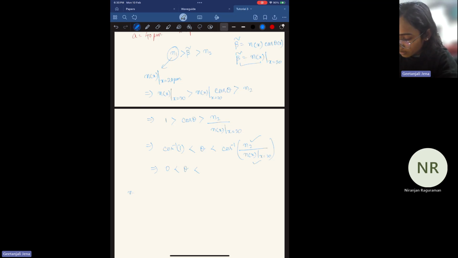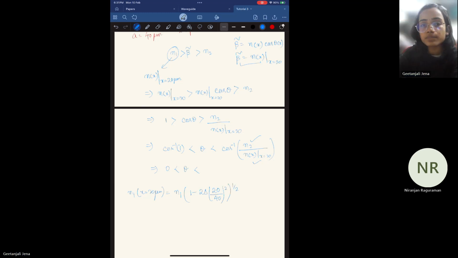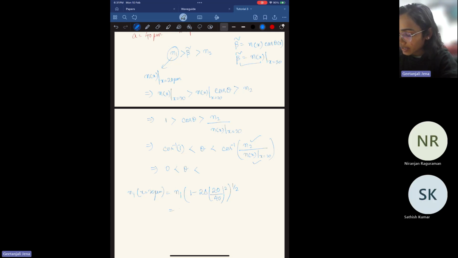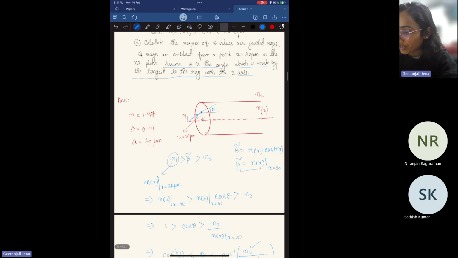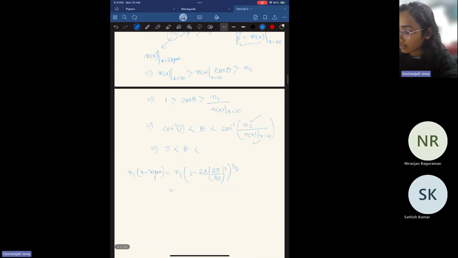So n at x equal to 20, you just need to put the formula. It is N1 times root of 1 minus 2 delta (x by a) squared. x is 20, a is 40. N1 is given, I think it is 1.5, no, 1.47.